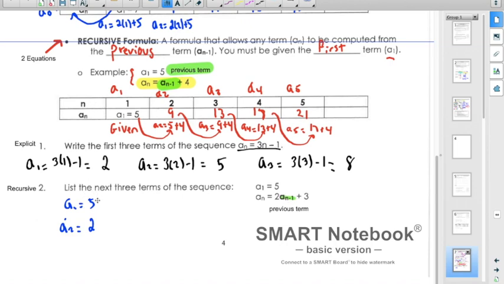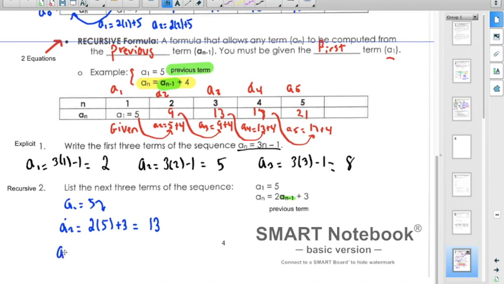Well, my previous term was 5, and then add 3 to it. 2 times 5 is 10. 10 plus 3 is 13. So the second term in my sequence is 13.